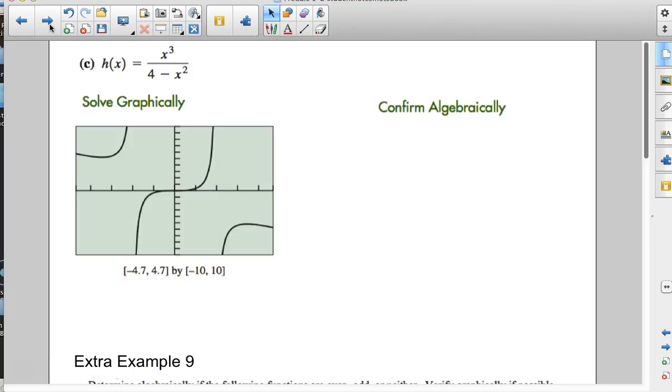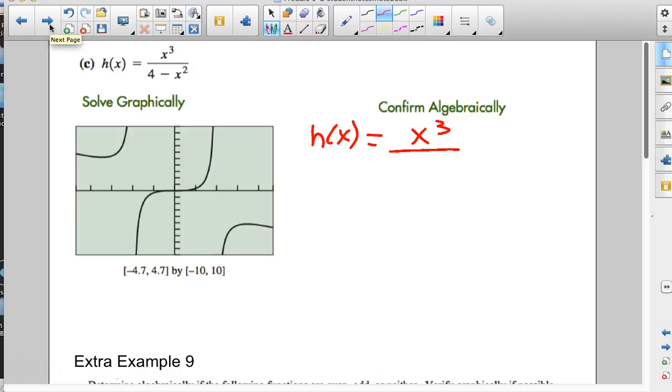None? Definitely not even, right? Okay, so let's check it out. Negative x cubed. What do we get?